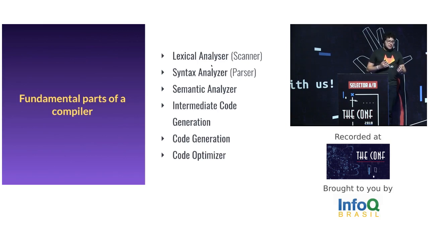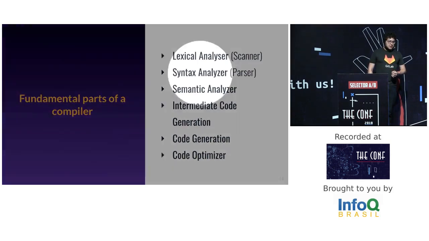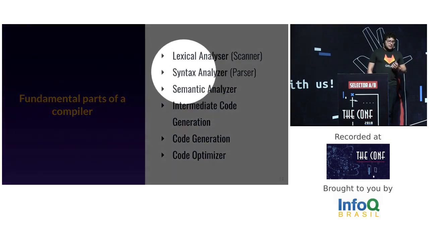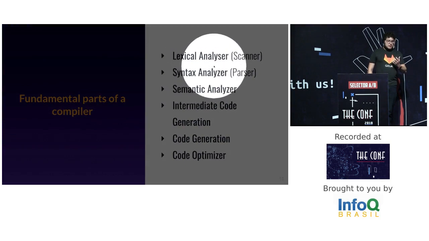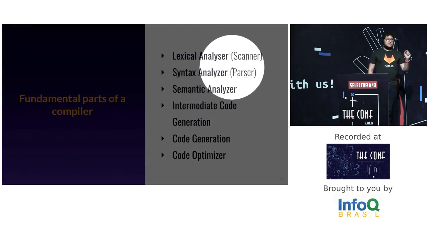You usually have the scanner and parser doing the same thing, but the syntax analyzer cares more about the relations of the pieces in the source code. So it's not just trying to do pattern matching here, it's trying to actually interpret what it's reading from the source file.